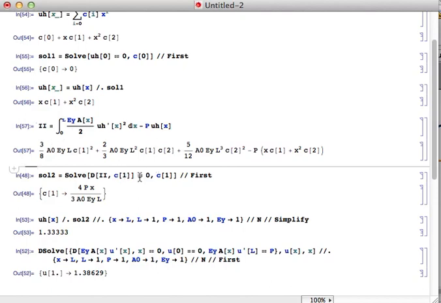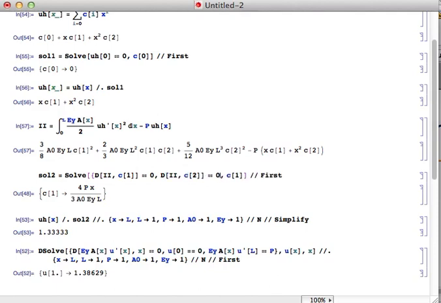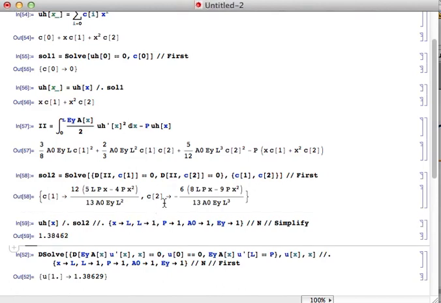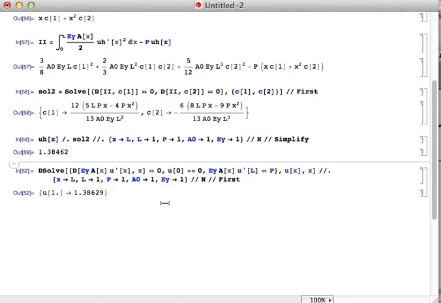But now we need to minimize it with respect to both C1 and C2. So I'm going to take the derivative of that function with respect to C2, set that equal to 0, and then solve this for both C1 and C2. And I get that, and then if I plug it in there, I get some numbers. 1.3846. We're looking for 1.3862. So we got a little better.